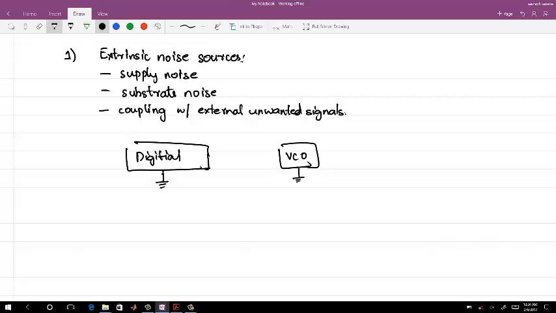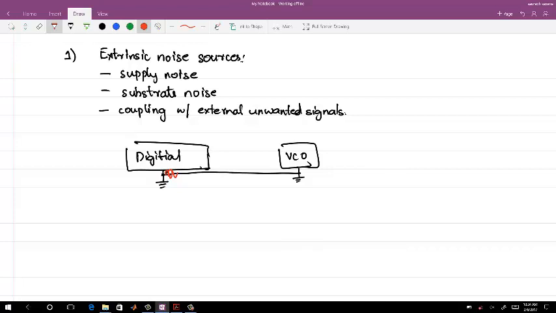Now if these two grounds are connected, which they will be on a same substrate in all regular cases, though we have ways to separate them apart, then any current, any changes, say any ripples here, will basically get coupled to the other circuit. Okay, this is one thing.